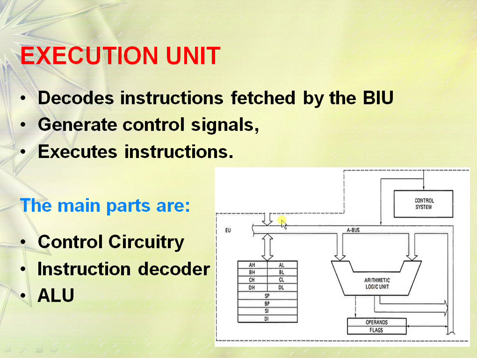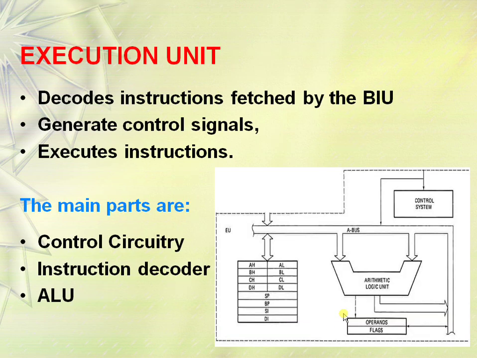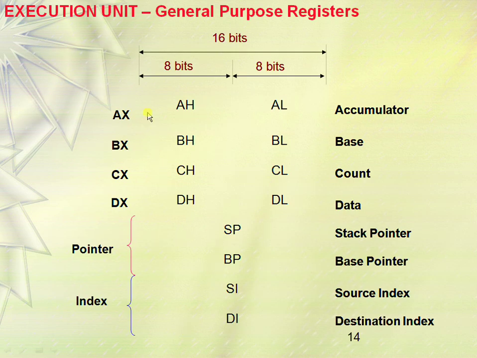Now these are the blocks present inside the execution unit. Apart from those, the execution unit also contains general purpose registers as well as pointer and index registers. It has a total of 4 general purpose registers: AX, BX, CX and DX.